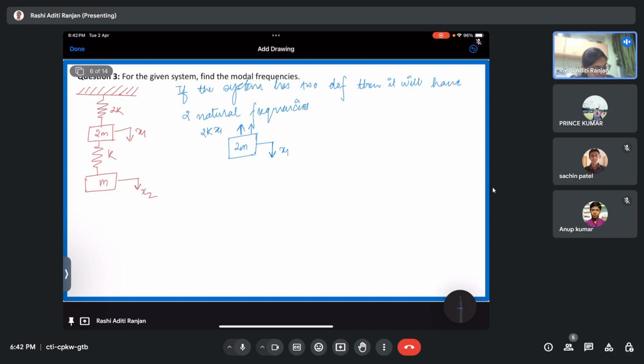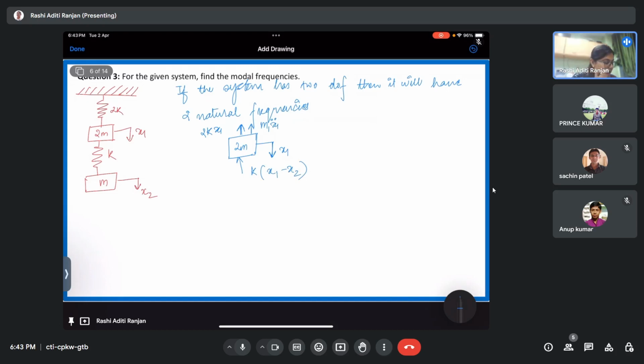There's also going to be an inertia force, which would be m1 x1 double dot. Apart from this, the other spring is also going to cause a force which would be k into x1 minus x2. I hope that this is clear.